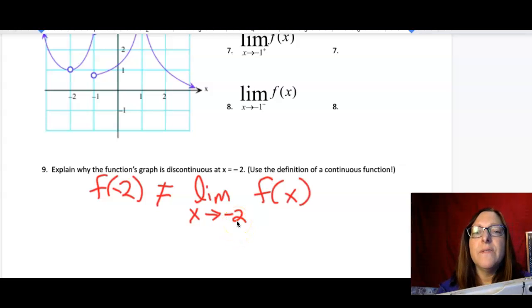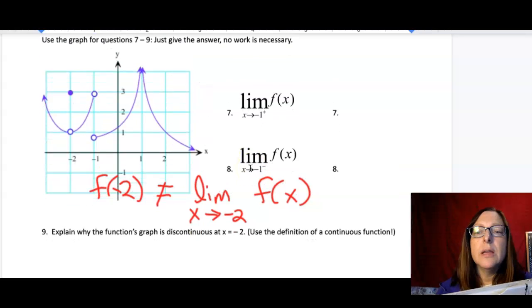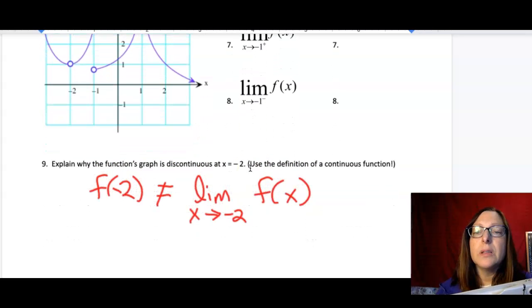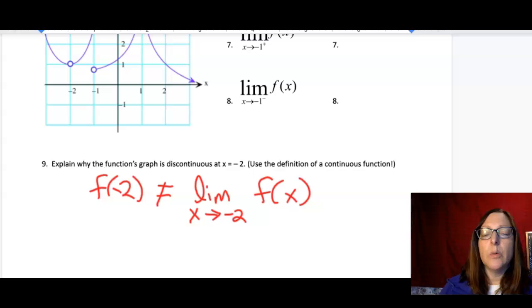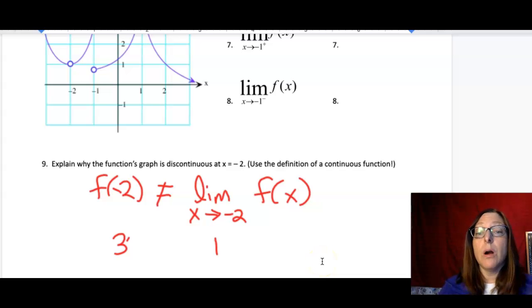See, the function's value is 3, but the limit is 1. So those two items have to be totally equal for a graph to be continuous.